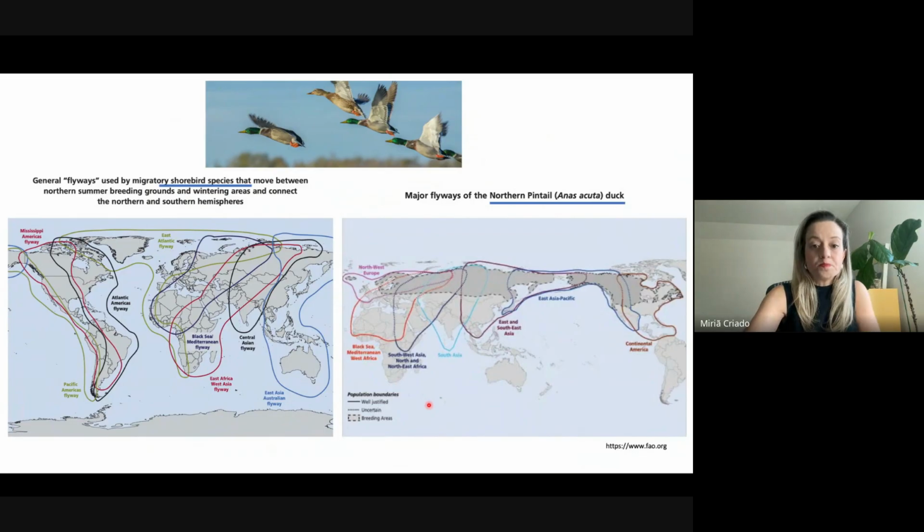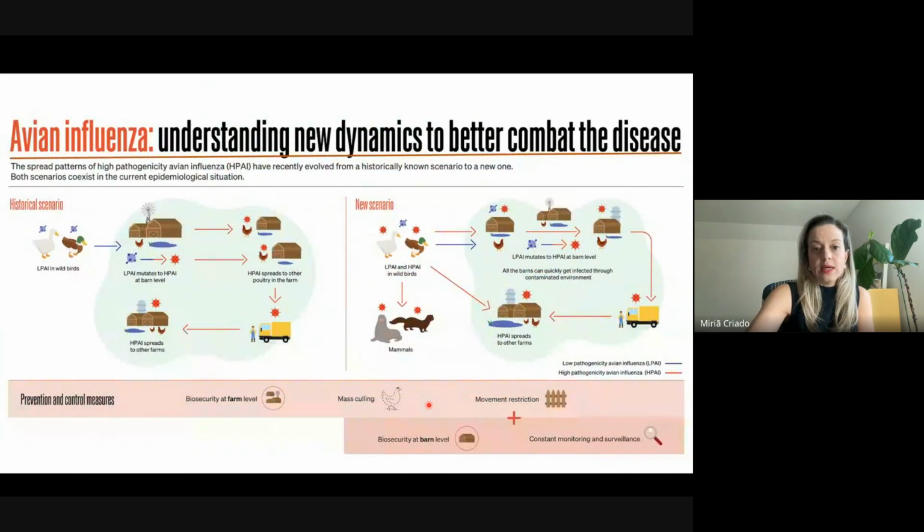spread out. Then basically, I think that influenza has been changing a lot, the way we usually see it and the dynamic for that. On the left side, you can think about a historical scenario. In the past, we always had low pathogenic viruses circulating in these wild animals.